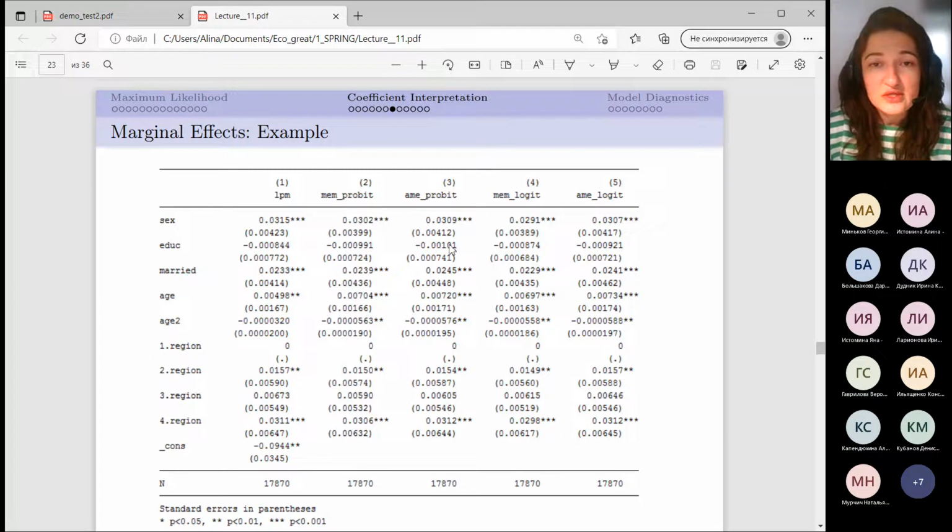And you will see that the values of these effects will be almost the same, and of course the sign and the significance will be the same. The interpretation of these values is almost the same as in the ordinary least squares method, so it will not be a problem for you to interpret the results.